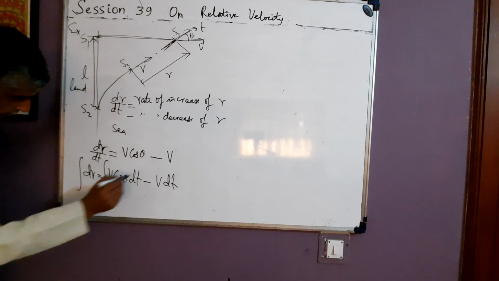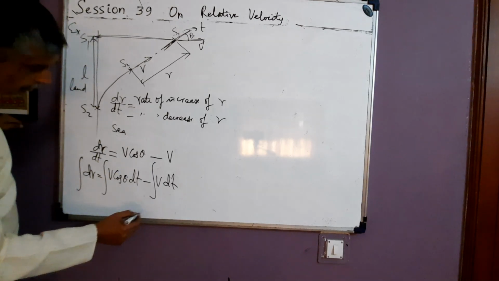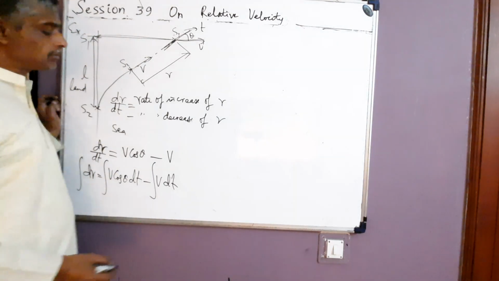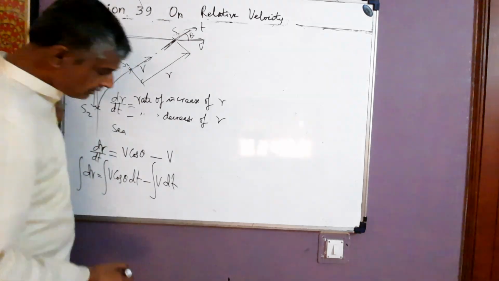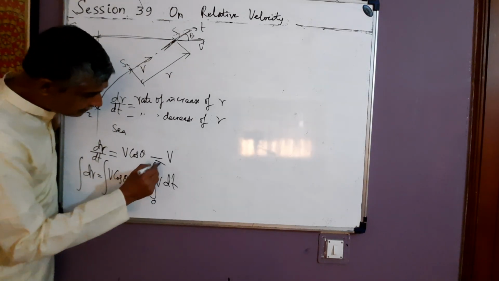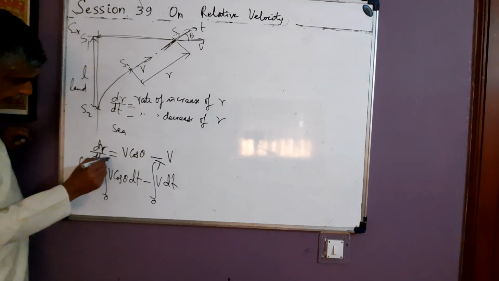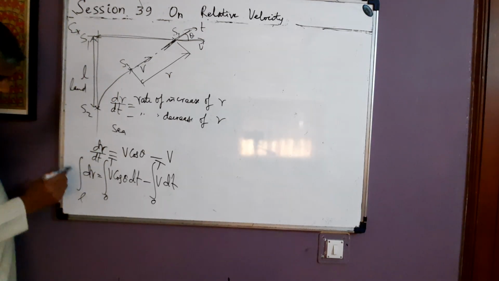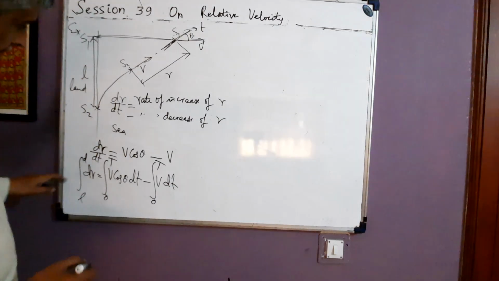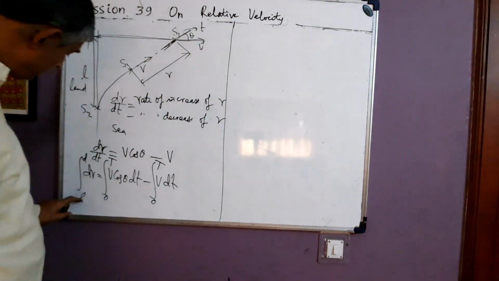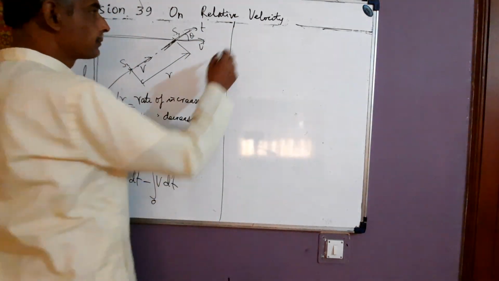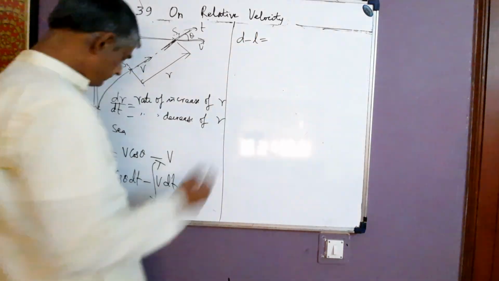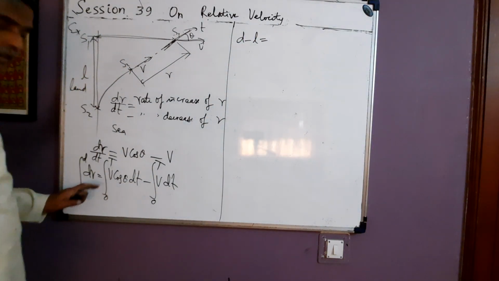Now integrate this equation on both sides. Suppose after some time the distance between the two ships becomes constant. Let that time be capital T. Here also 0 to capital T. Initially r was equal to L. After a long time the separation between the two ships becomes constant, equal to d. So integrating the left side, integral dr from L to d, it will be d minus L. Now v is constant, v comes outside the integral.